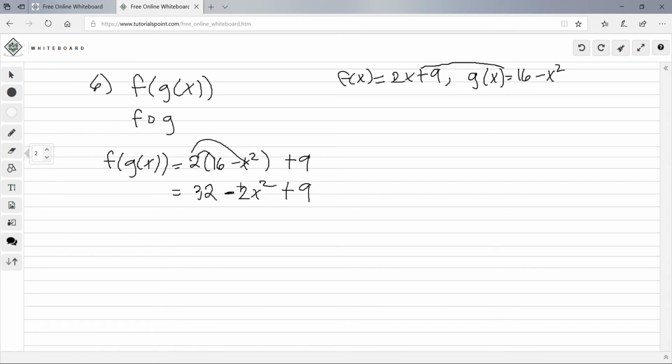We don't have any more x squared terms, so we just bring down the negative 2x squared. And then 32 plus 9 is 41. So it's negative 2x squared plus 41. That's your final answer.